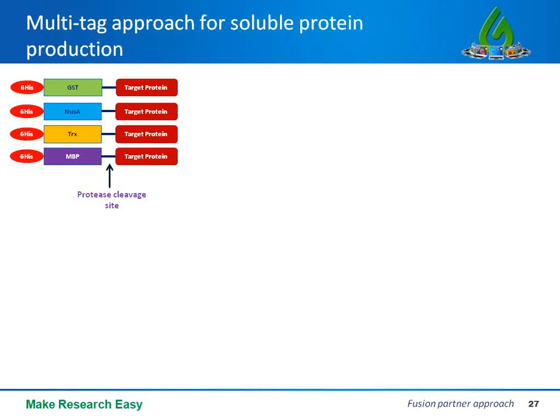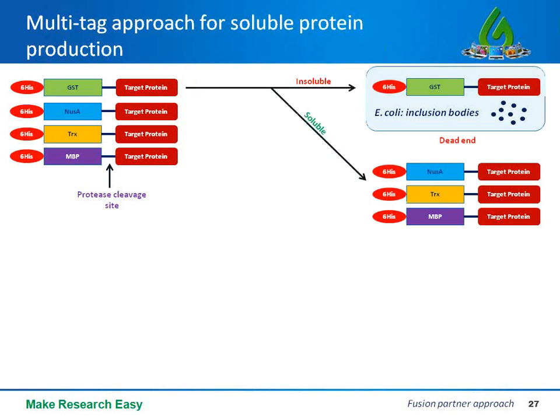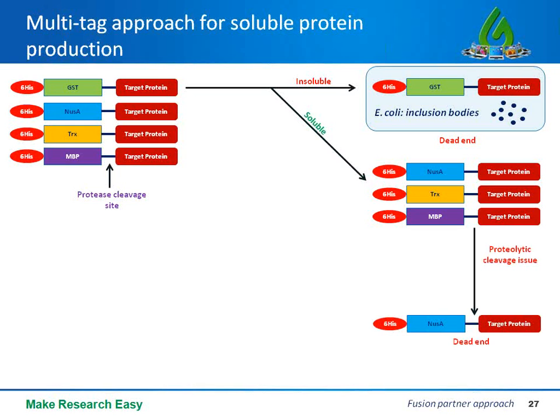So you clone your target into all 4 of them at the same time and perform expression studies. Let's say one of them remains insoluble, so you discard it from further testing and move on with the other 3, right? You could purify them, but find that the proteolytic cleavage is an issue for one of them, so you discard that and move on with the other 2.